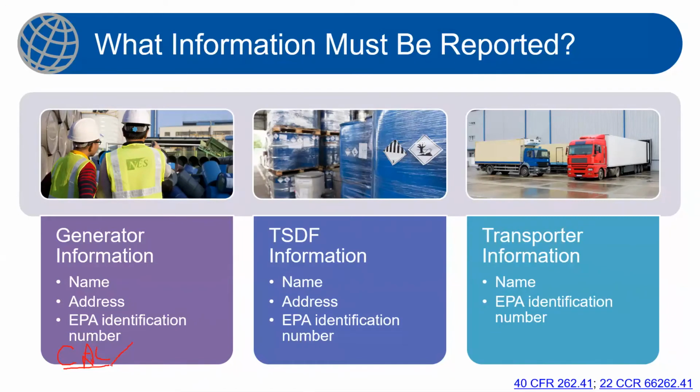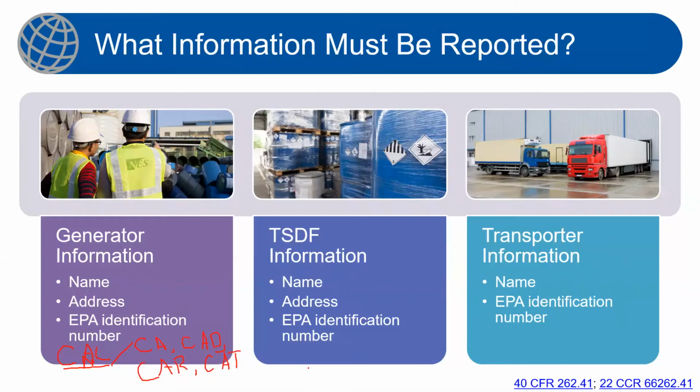Federal EPA ID numbers issued by EPA will begin with a prefix of CA, CAD, CAR, or CAT. And that prefix is based on when that ID number was assigned to your facility.